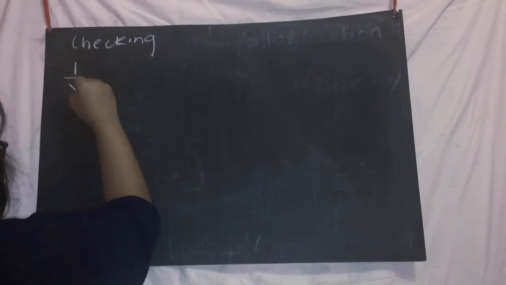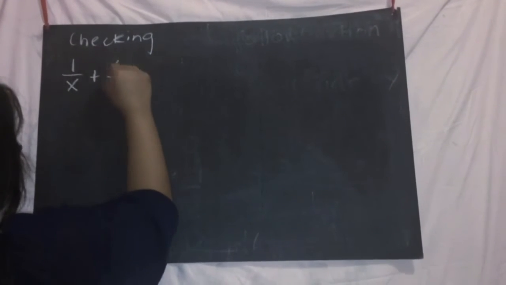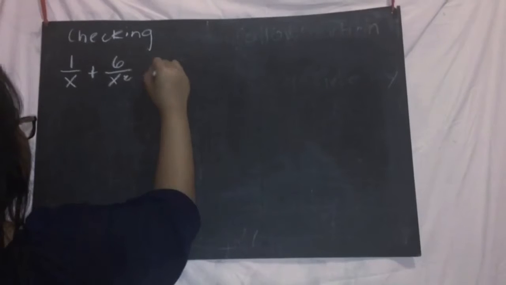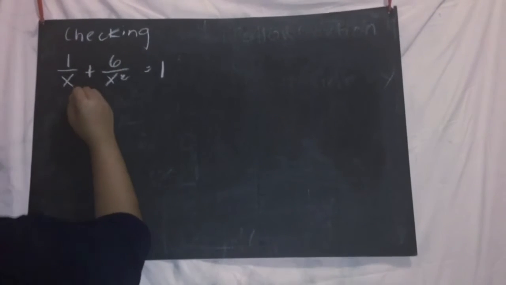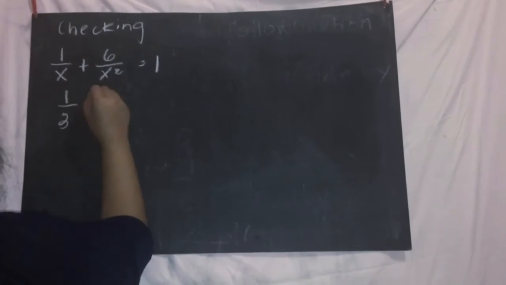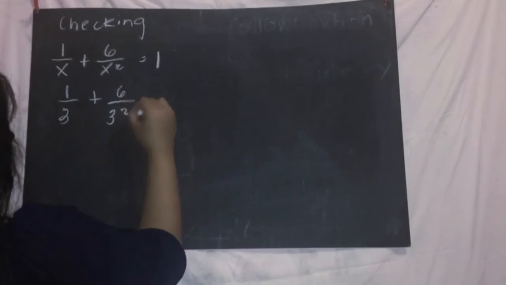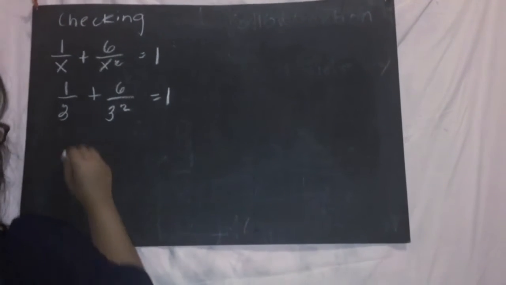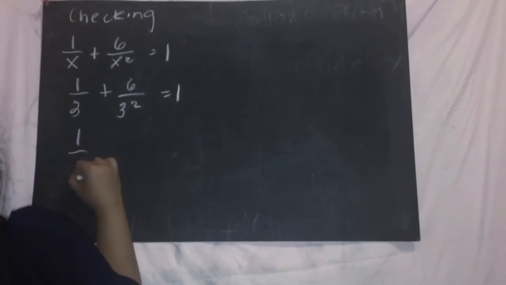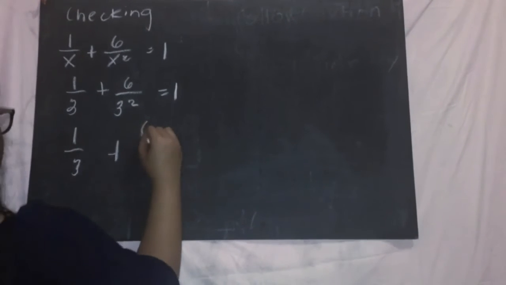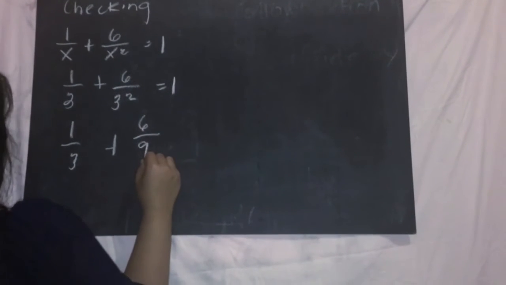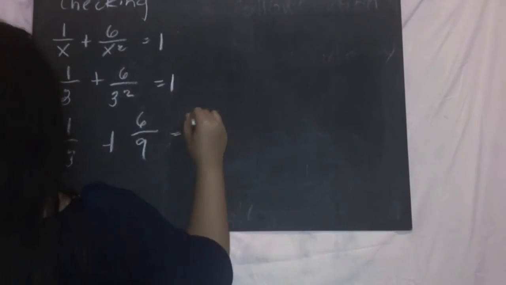So our given is 1 over x plus 6 over x squared equals 1. So it will become 1 over 3 plus 6 over 3 squared equals 1. And then 1 over 3 plus 6 over, the value of 3 squared is 9, equals 1.